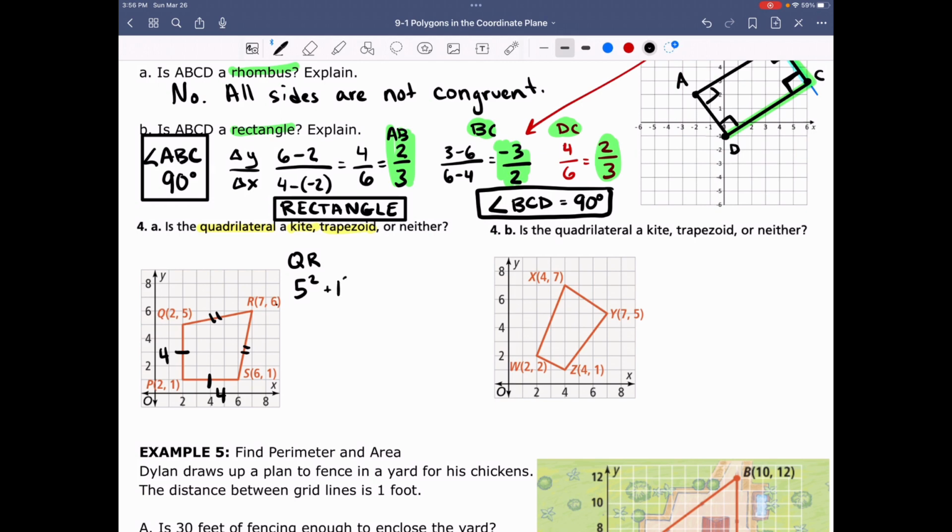We're going to square it. So that's 25 plus 1. That's the square root of 26. So for the distance formula, we have to take the square root. Now let's find SR. From S to R, the x's are 7 minus 6, that's 1. 6 minus 1 is 5.